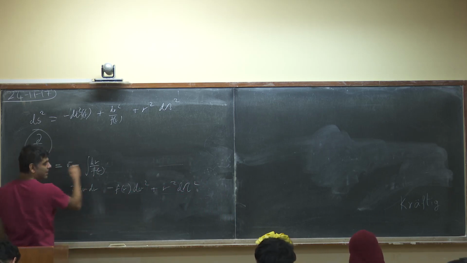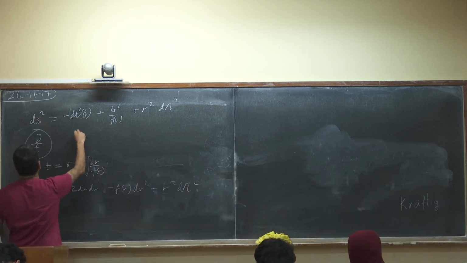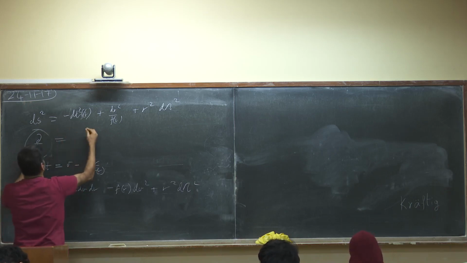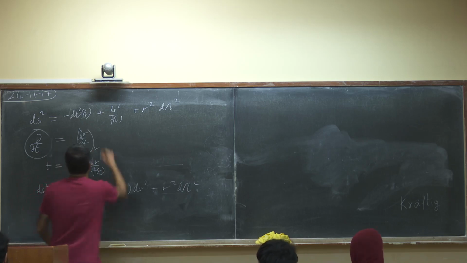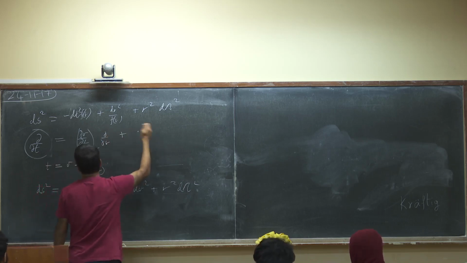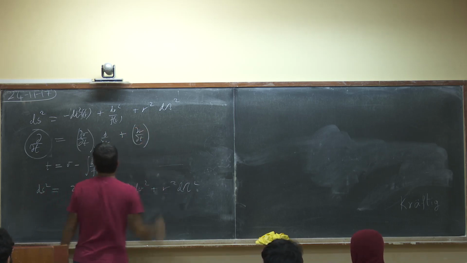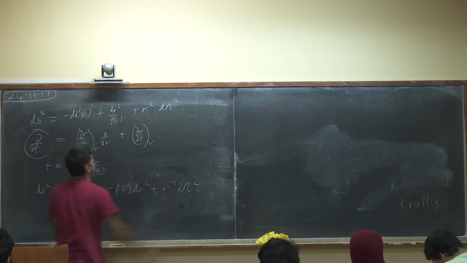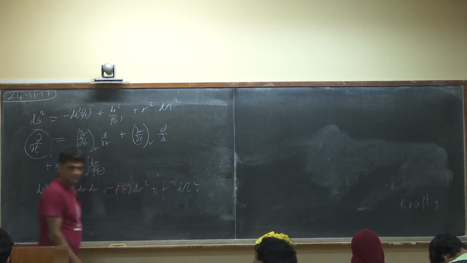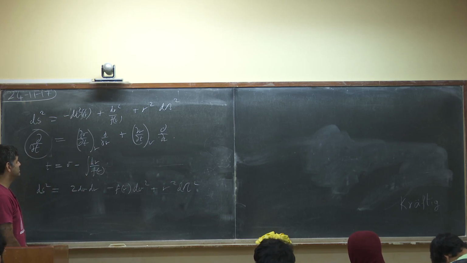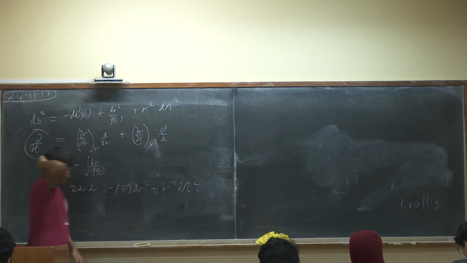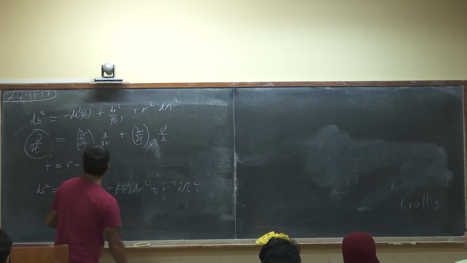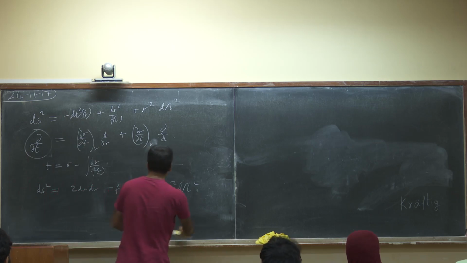So what is d by dt if I transform to the new coordinates? d by dt by the chain rule is equal to dv by dt at constant r times d by dv, plus dr by dt at constant v times del by del r. Sorry, at constant r.